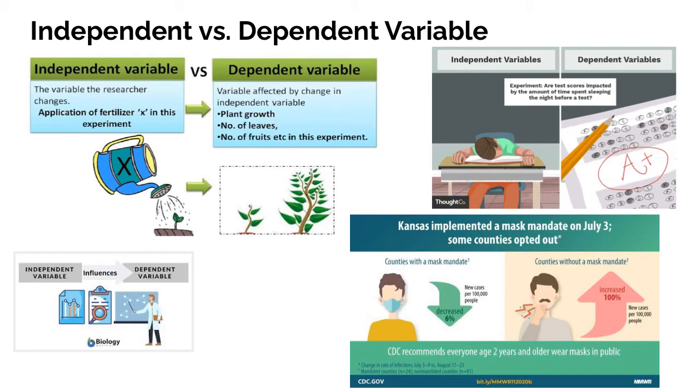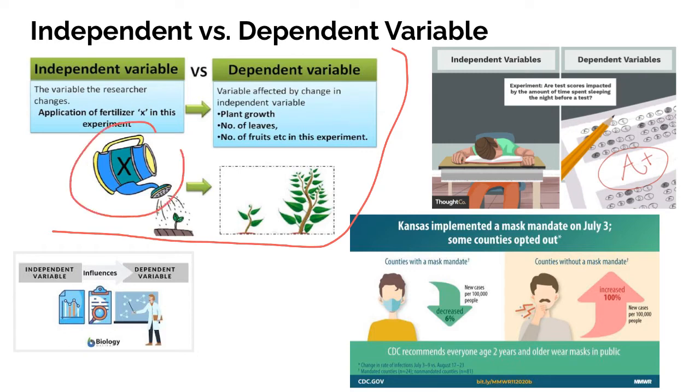On this slide, we're going to look at some examples of independent versus dependent variables to make sure you understand the difference. I would like to first look at this plant example here. The independent variable is the thing that the researcher changes on purpose. In this example, the researcher has applied a fertilizer called fertilizer X, and they're applying this fertilizer to some of the plants, but not all of the plants.